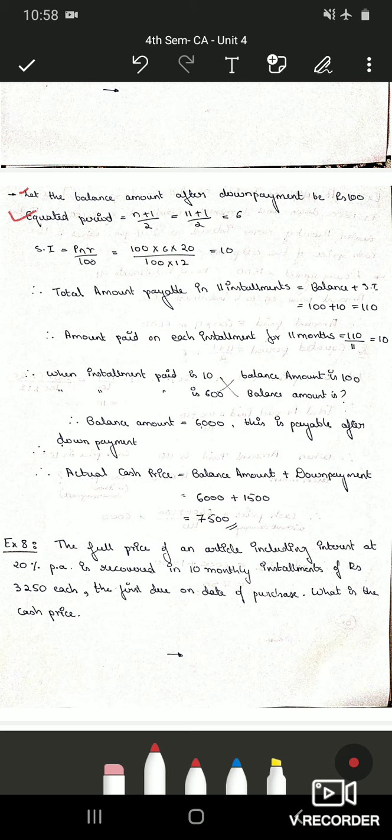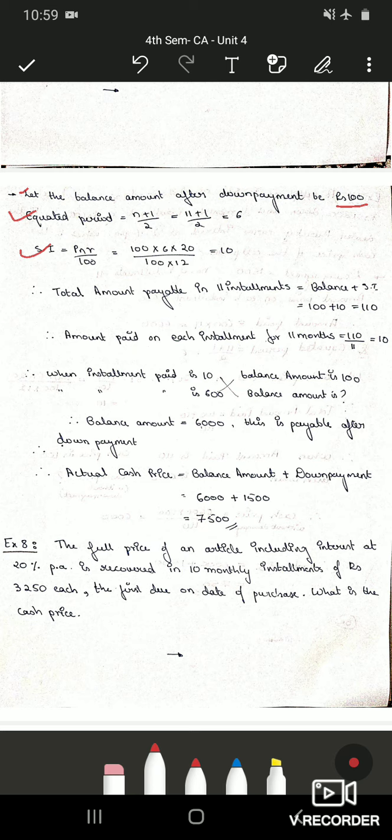Now the equated period is again (11 plus 1) by 2, so it is 6. Simple interest will be, here you are calculating simple interest on the balance, which is 100 rupees, not on the cash price. Like in earlier problems, in the first or second problems, we have always calculated simple interest on the balance amount.